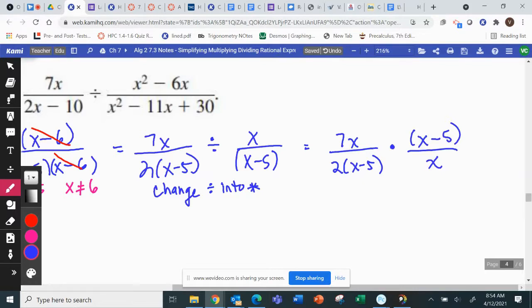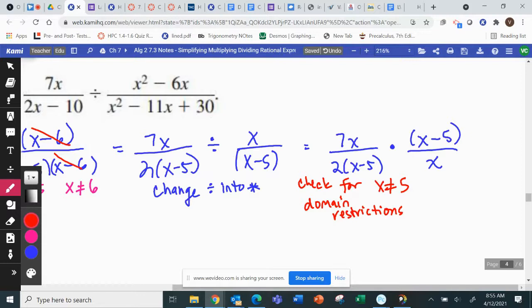Now here, that's different because we didn't divide before. So now we're multiplying. We already know how to multiply. When we multiply, the first thing we need to do is check for domain restrictions. So we're going to do that again. So that's happening a second time. So this one's going to be x does not equal 5.